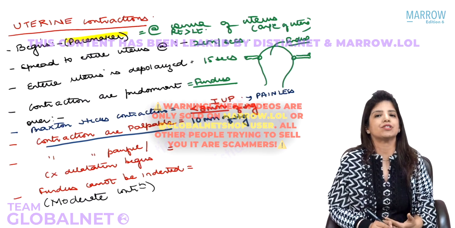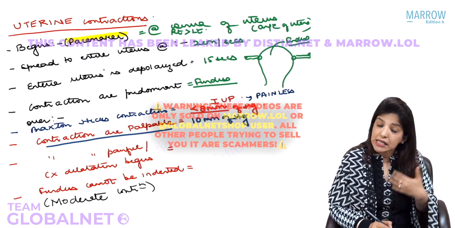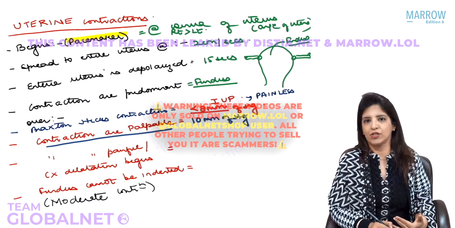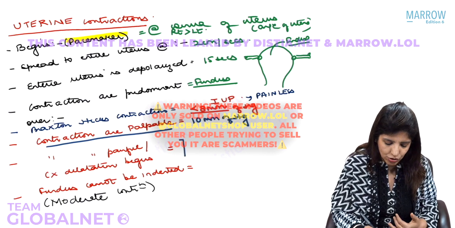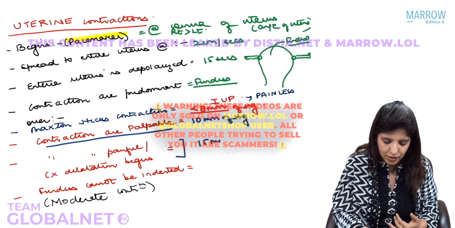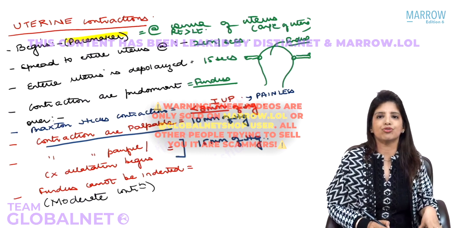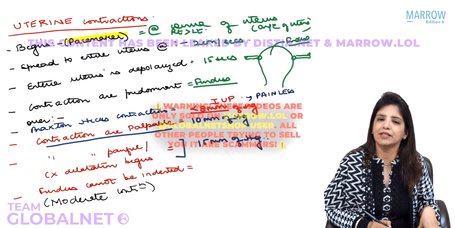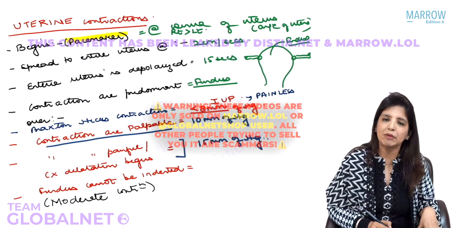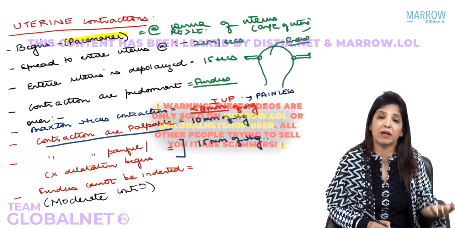And the contractions become painful and lead to dilatation of the cervix only when the intrauterine pressure is 15 millimeters of mercury. So normally the intrauterine pressure during Braxton Hicks contractions is less than 8 millimeters, which is why they are not palpable and not painful.